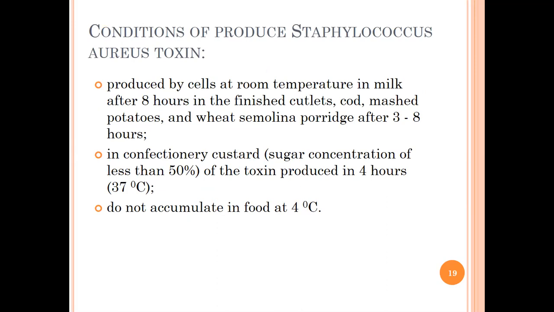And in confectionery products, in cakes, if sugar concentration is less than 50%, toxin can be produced in 4 hours at 37 degrees Celsius. And if we store the food at 4 degrees Celsius, in this case, Staphylococcus aureus toxin doesn't accumulate in food.